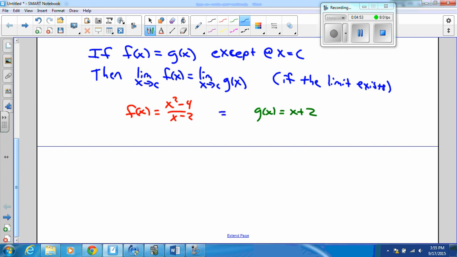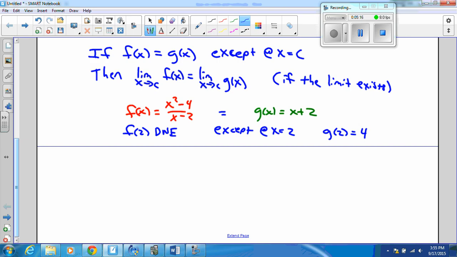They are equal except when x is equal to 2. The function f is not defined. It does not exist when x is equal to 2, whereas g of 2 is equal to 4.